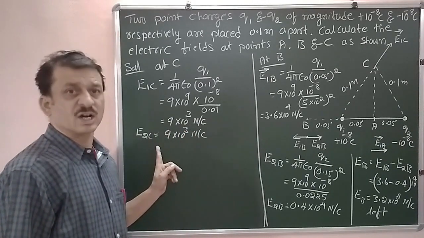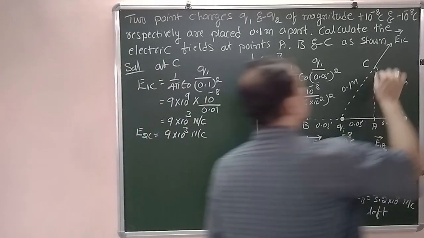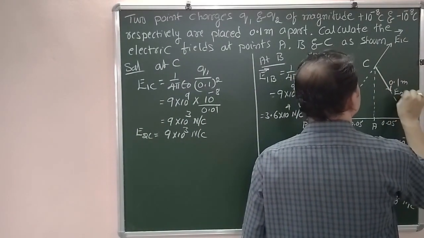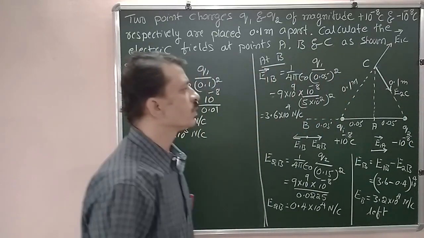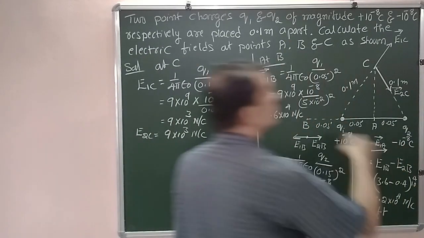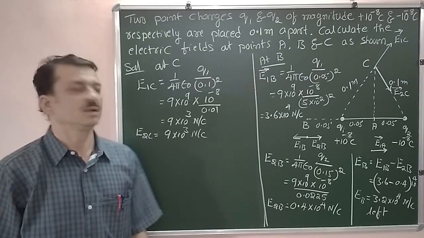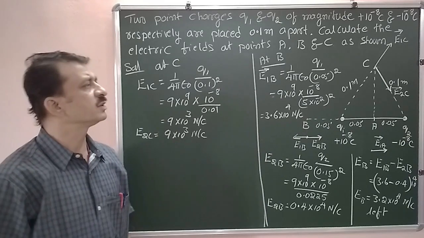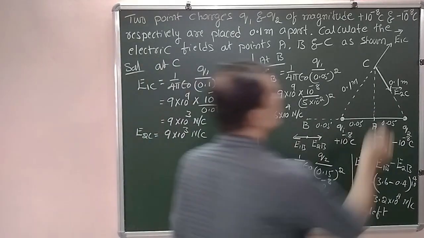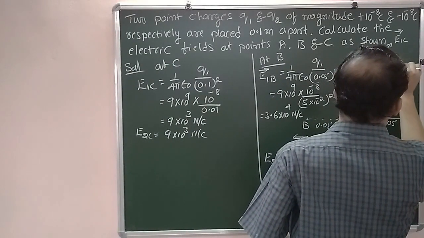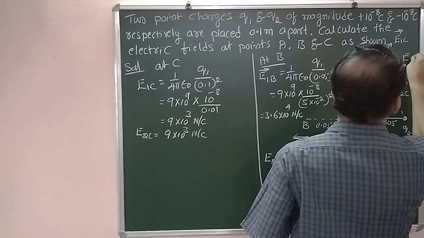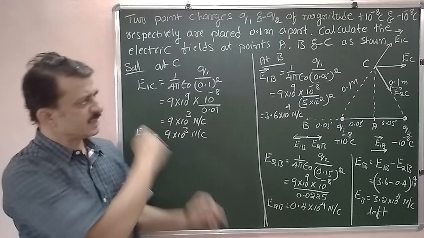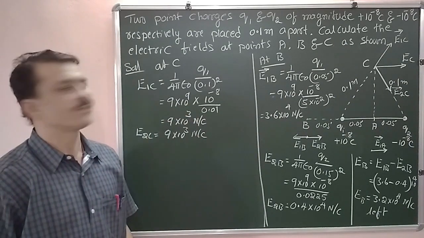But it is a negative charge, so its electric field is along this direction, E2C. Now these two fields are equal and acting in different directions. Therefore, the resultant is acting exactly at the bisector of those two fields.